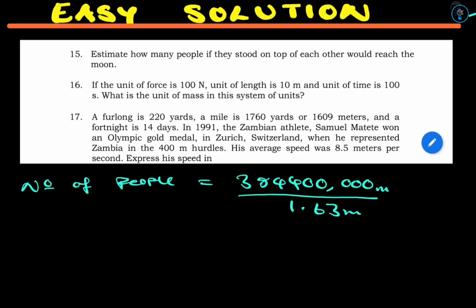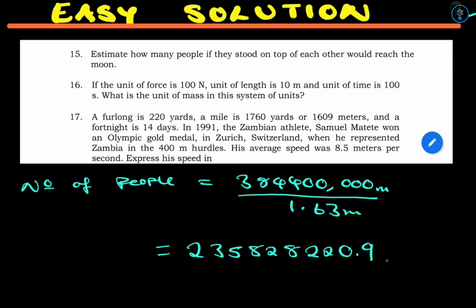Okay, we can get rid of these things. Then when you divide it, we are going to get a value of 235,828,220.9.